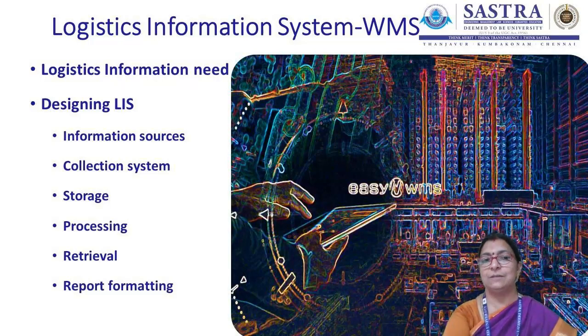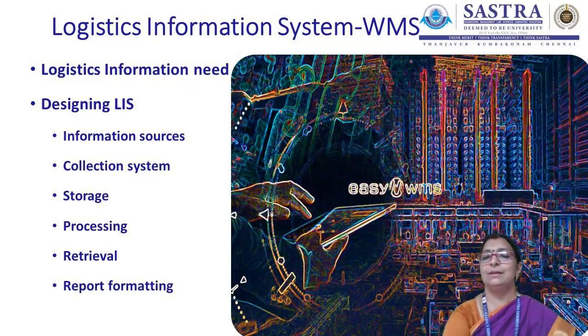And the second one is, of course, the internal departments, the data and information collected through the internal departments or functional areas of the organization. So logistics, HR, marketing, finance, purchase, inventory, and stores are all part of it. So these are all commonly available information sources.